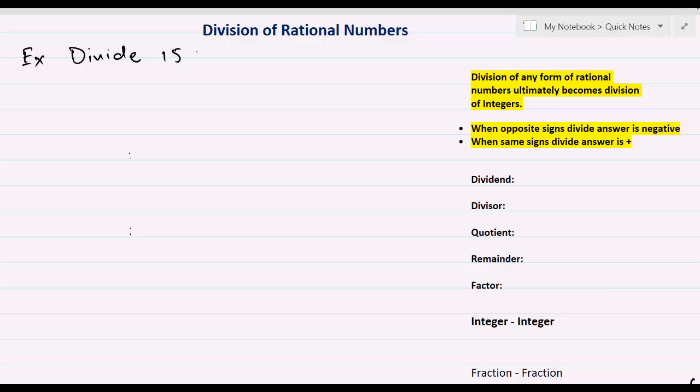15 by 3. Here we need to understand the terminology and the way we write these division questions. Divide 15 by 3 can equivalently be written in the form 15, then the divided by sign, and then we write 3.